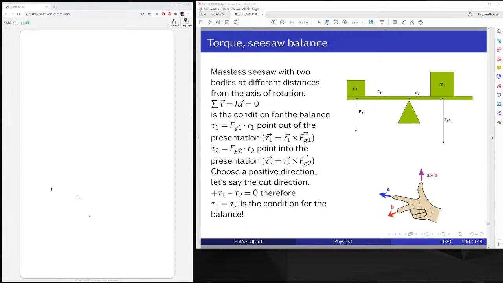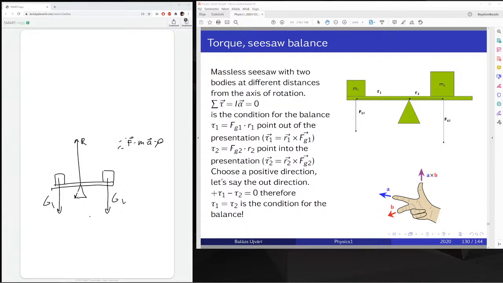Now, to fulfill the balance, G1, G2, R can guarantee that the sum of the forces, which is m times a, is 0, because we can observe there is no acceleration. And now just go back.